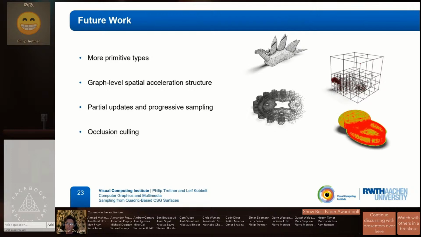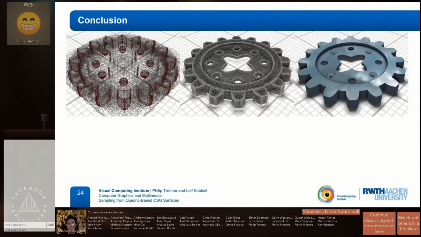Finally, we are already quite happy with the rendering performance, but one could make it even more predictable by using some occlusion culling, which would reduce the overdraw issue even further. And I already said that we currently only have a single core implementation, and a parallel implementation is quite straightforward to do.